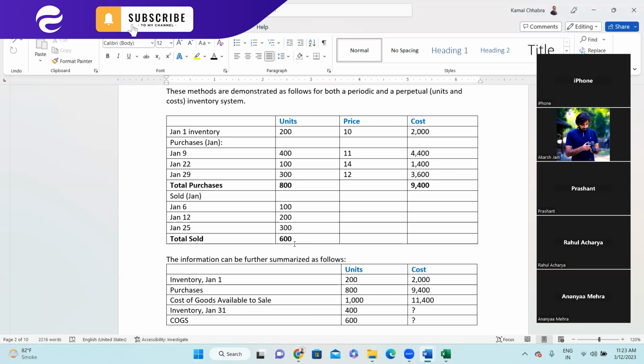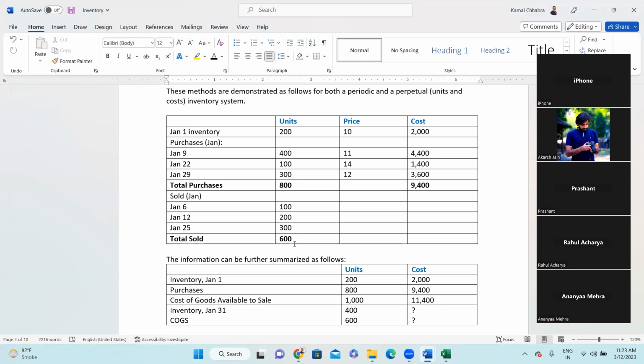Will it be the average here, sir? Yes. Inventory will be 4560. How have you calculated, Rahul? I just calculated 9,400 divided by 800.